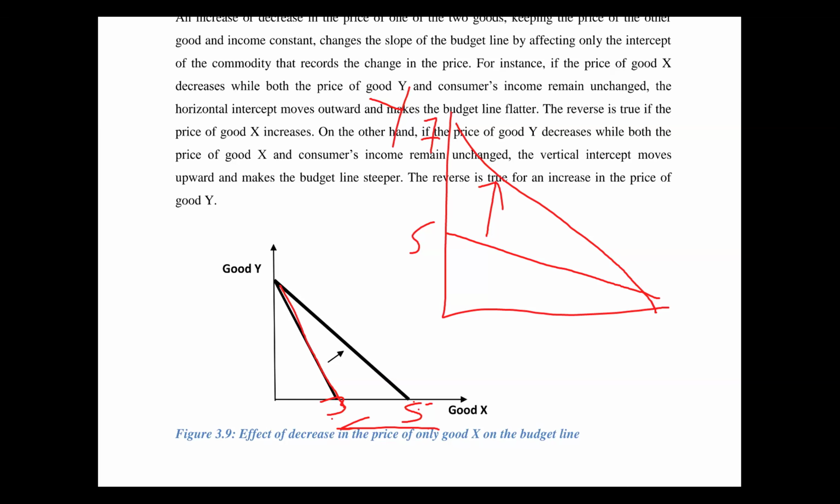But if the prices increase, the tilting will be inside, because that simply means that now the price has become very expensive. The prices have become very expensive, and so you need to pick that message as well.